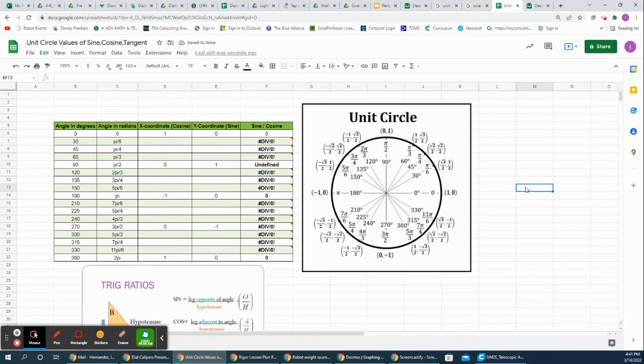Okay? Same thing here. Negative 1 divided by 0 is undefined. So I'm going to put undefined. Okay? 0 divided by negative 1, that's 0. And if you don't believe me, try it in your calculator.